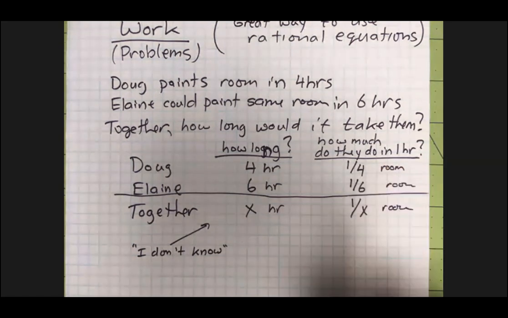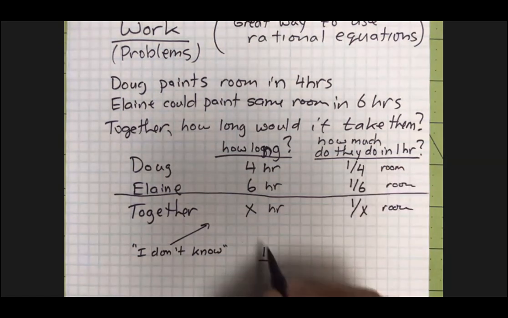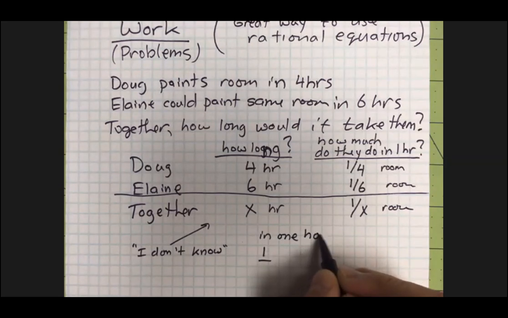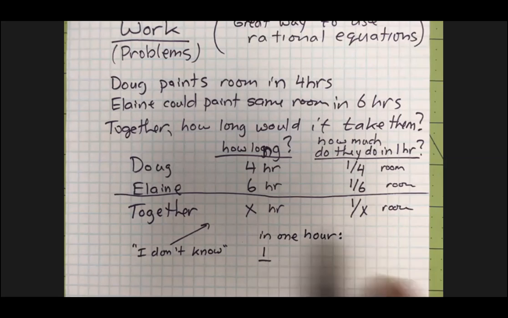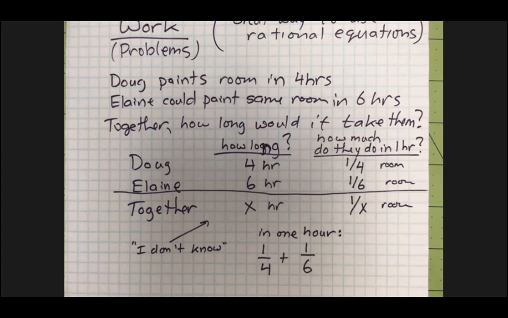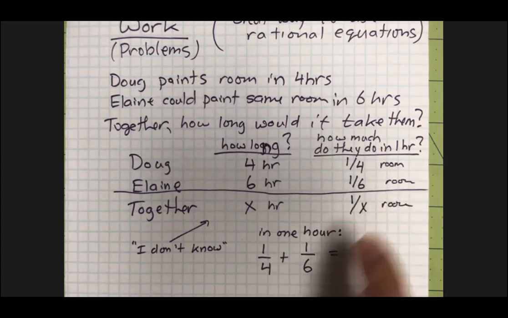He paints 1/4 of the room in 1 hour. Now I can say to myself, in 1 hour, I know this: Doug covers 1/4 of the room, and Elaine covers 1/6 of the room. And I even know that when I add them together, I get 1/x.